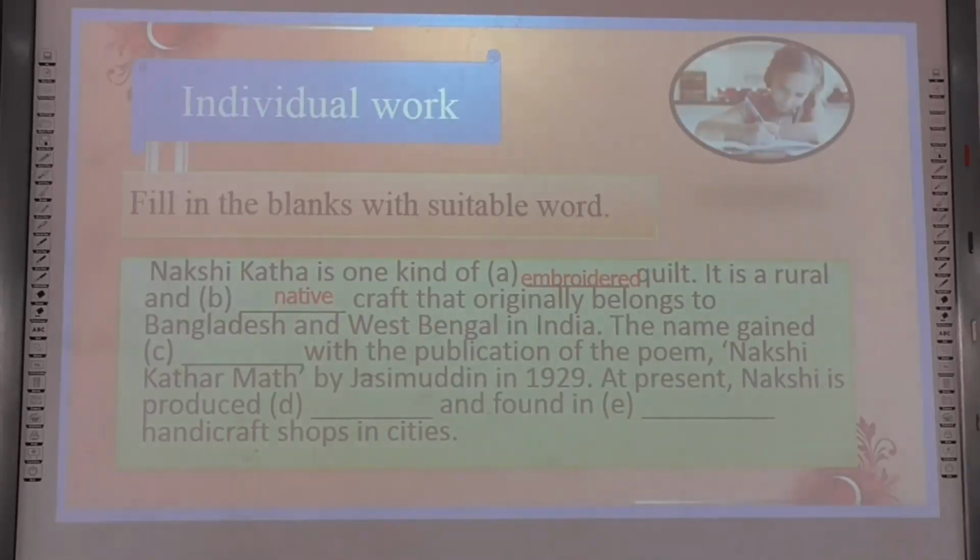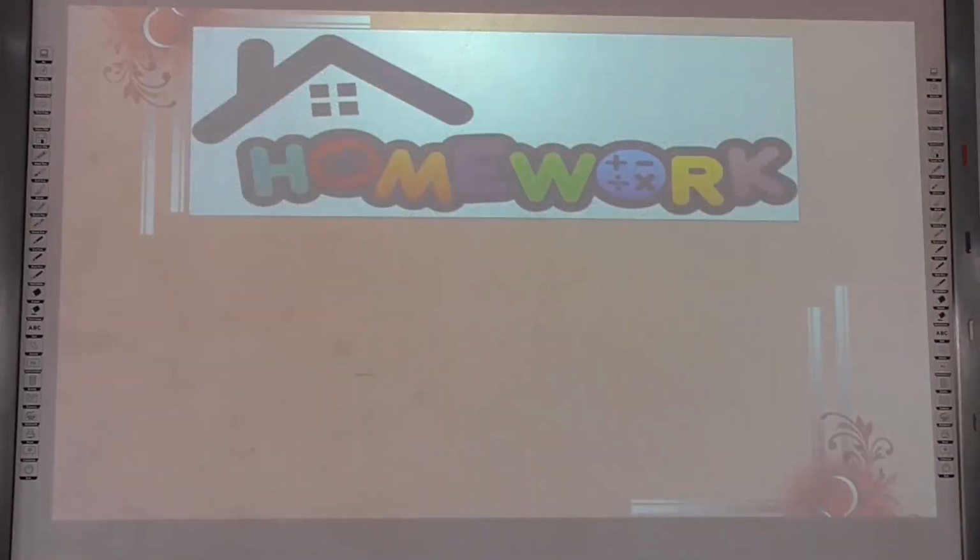The name gained popularity with the publication of the poem Nakshi Katha Mat by Jasimuddin in 1929. At present, Nakshi Katha is produced commercially and found in expensive handicraft shops in cities.